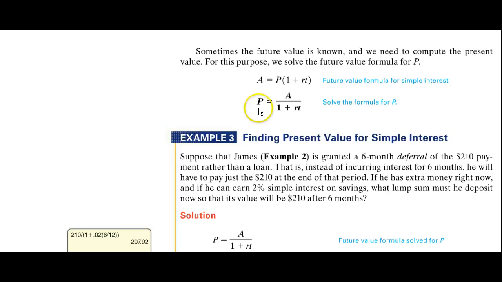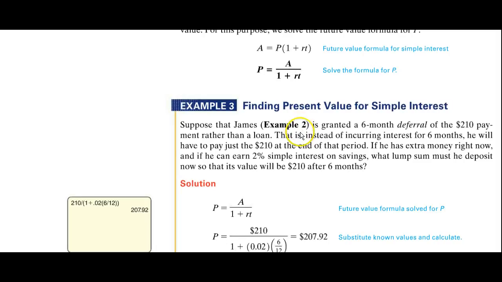So here, in this modification of our future amount formula, we're going to solve this formula for the letter P. All we have to do is divide both sides by what's in the parentheses here, and we get this. Solving the formula for P gives us this. That's the one we're going to use in this next example.